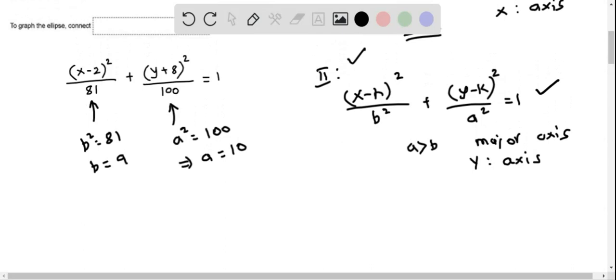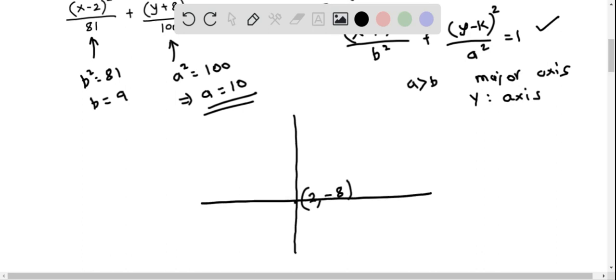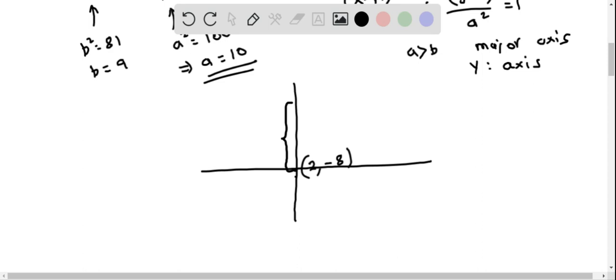Let's mark the points as well as the endpoints. So first I'm going to mark the center. Let's say this is the center of this ellipse. We already determined that the center is at (2, −8), and so a = 10 and the major axis is along the y-axis. So a is 10, which means the endpoints of the major axis have to be 10 units from the center. So this has to be 10 units above, and another point has to be 10 units below this center.